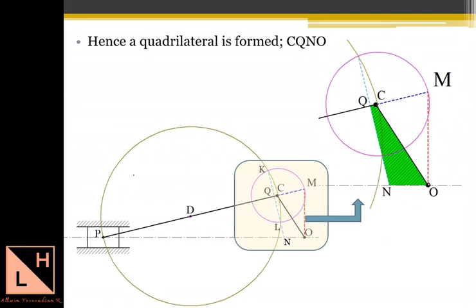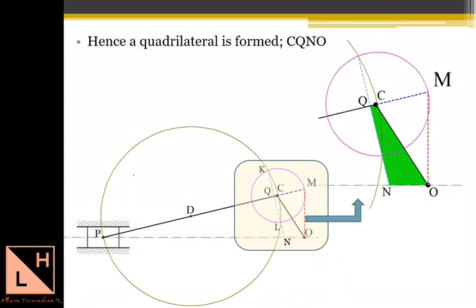Now the last side of the acceleration diagram is QN. As I already mentioned, PC, that is the connecting rod, is the only component which has two different motions at two different points. At point P it has a linear motion, and at point C it is having a complete rotary motion.